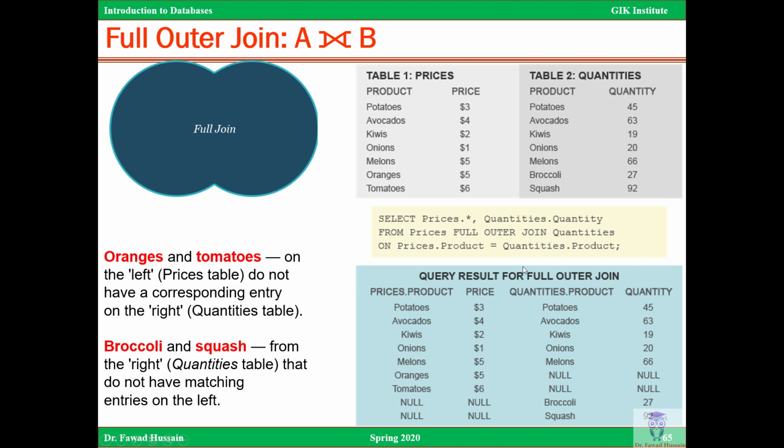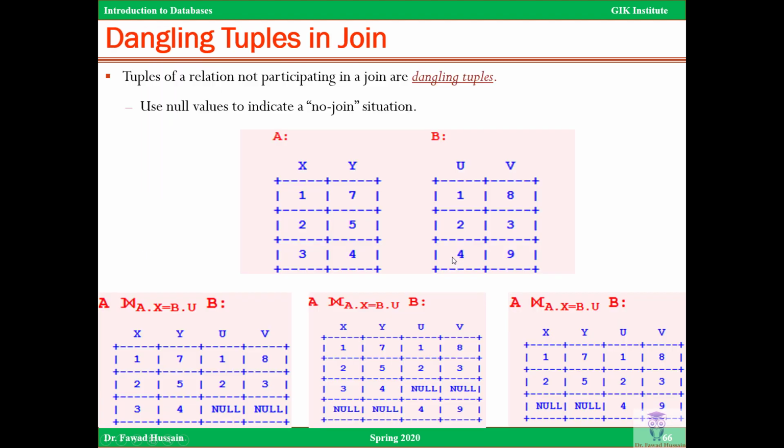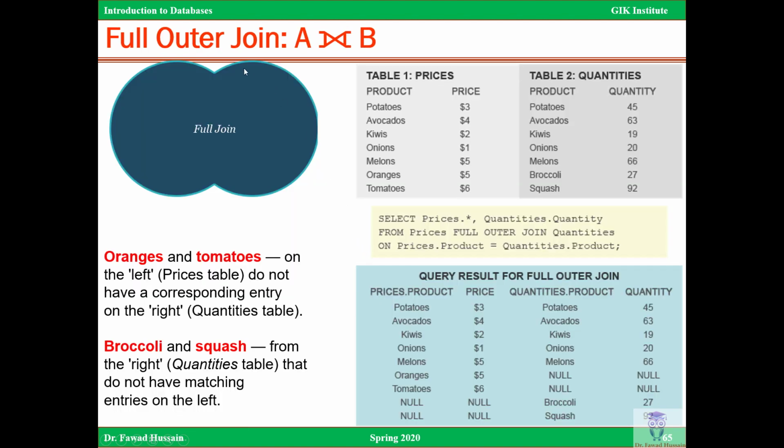As you can see, the product is repeated: prices.product and quantities.product. If you don't want them to repeat, you'll have to put that in the select. So that was the full outer join.